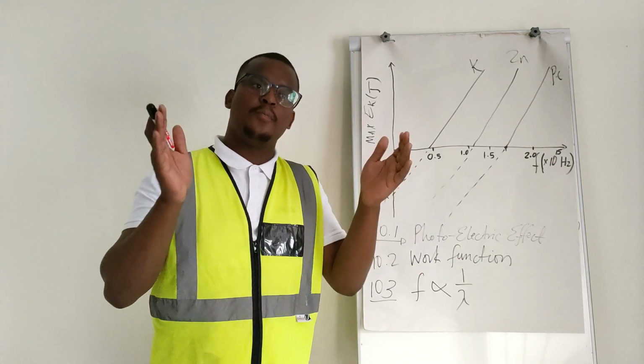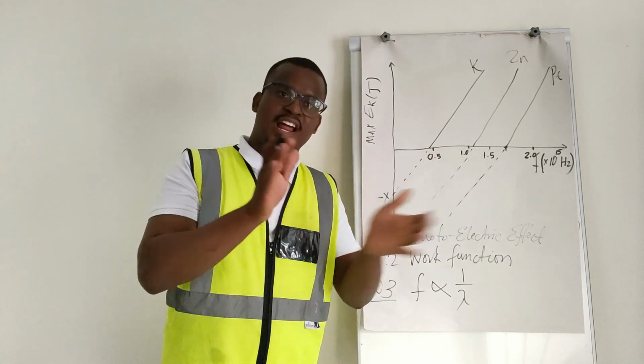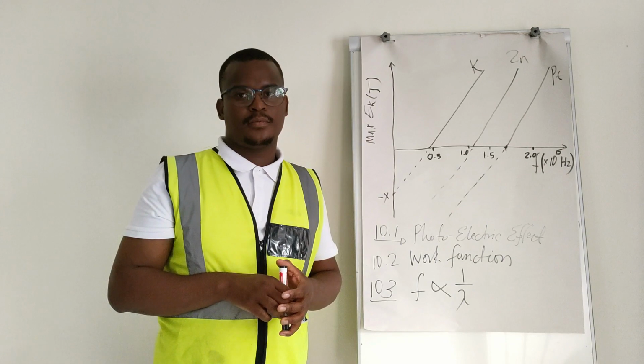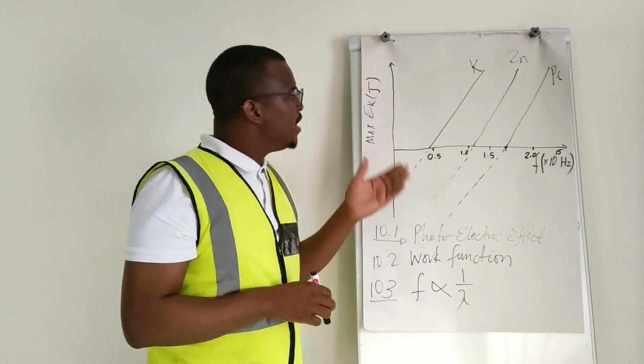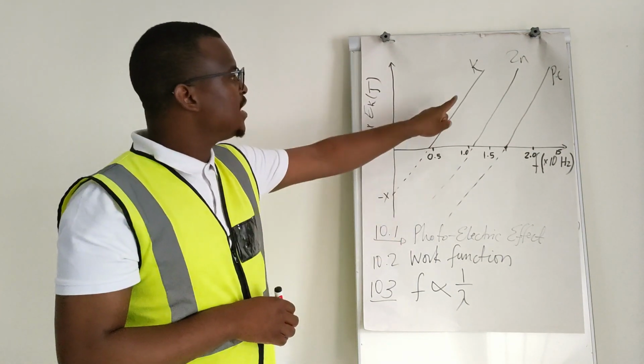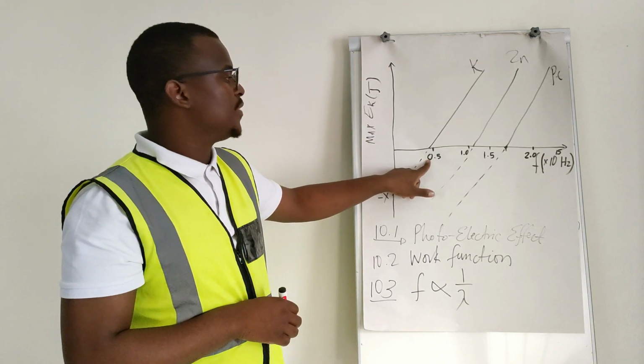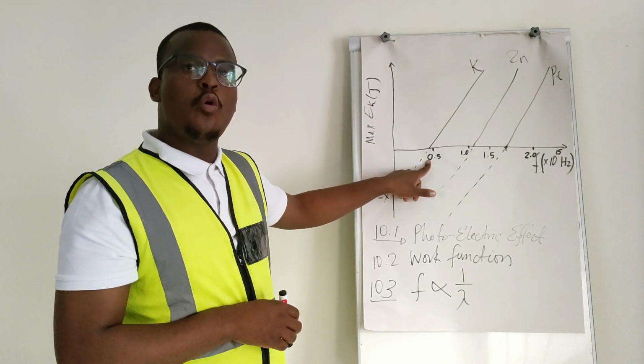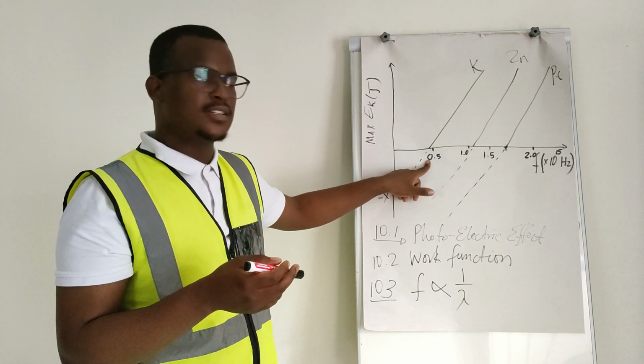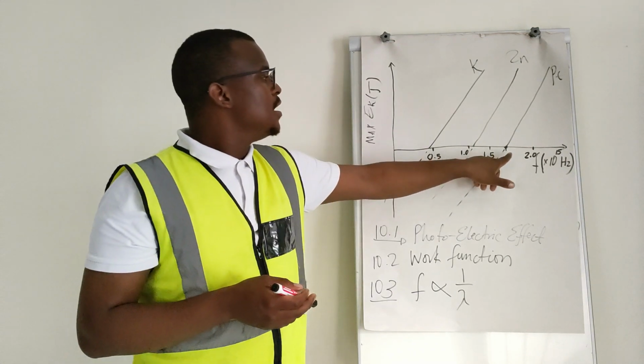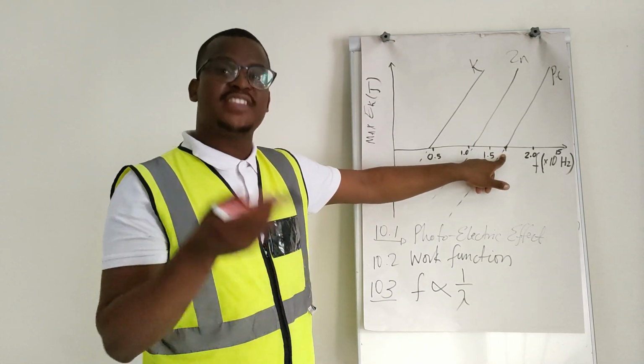That's what you deduce from the inverse proportionality. By looking at these metals, potassium has the lowest frequency and platinum has the highest frequency.